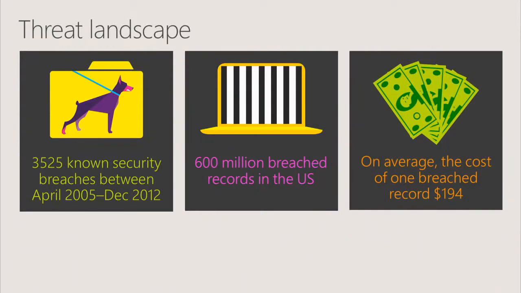Now, from the malicious point of view, the attack vector point of view, this is a landscape that's changing very, very rapidly as well. In the last about 7 years, there have been 3,500 known breaches of data. That's just the tip. Those are the ones that people have felt they can disclose, that have been disclosed. There are way more.